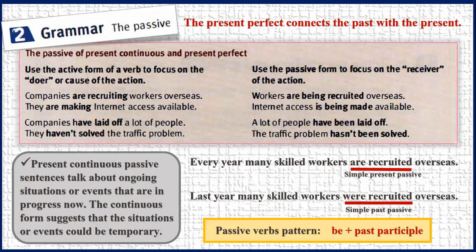With present continuous passive sentences, we're going to talk about the same action that is ongoing, that is in progress. Situations or events. The continuous form suggests that the situations or events could be temporary.